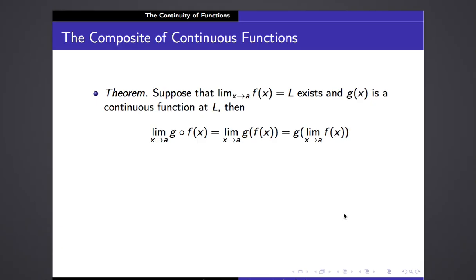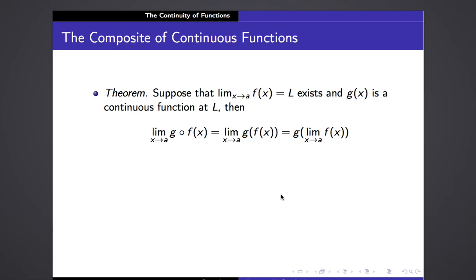Suppose that the limit of f of x as x approaches a equals L exists, so as a number L exists, and g of x is continuous at the number L. Then the limit of this composite function, which is defined by g of f of x, equals g of the limit of f of x as x approaches a.